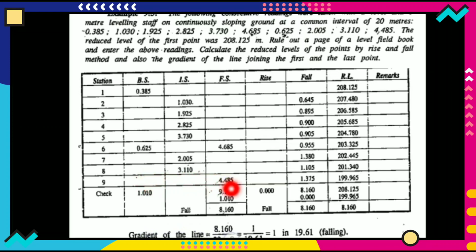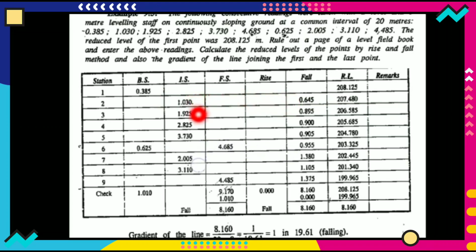Okay, so the answer will be, if we subtract summation of backsight minus summation of foresight, 1.010 minus 9.170, the answer will be minus 8.160. Okay, then the first point reading is given to you, then subtract this reading from this reading, 0.365 minus 1.030, the answer will be minus 0.645. So the answer is in minus, so that will be written in the fall column.